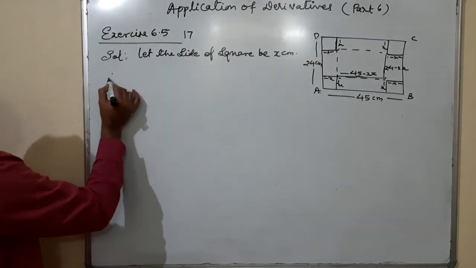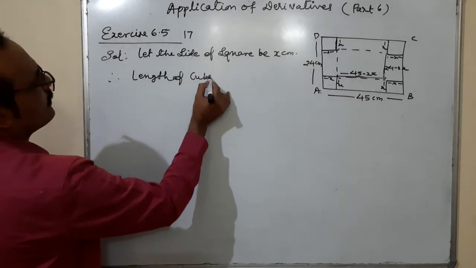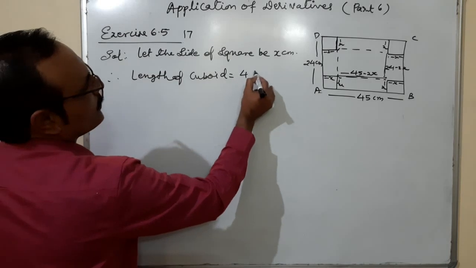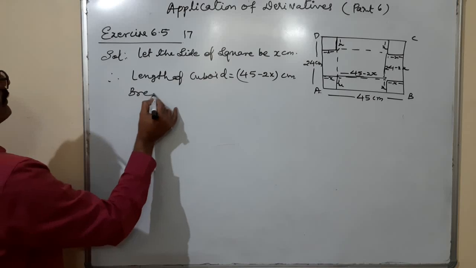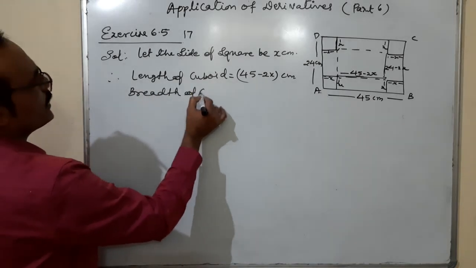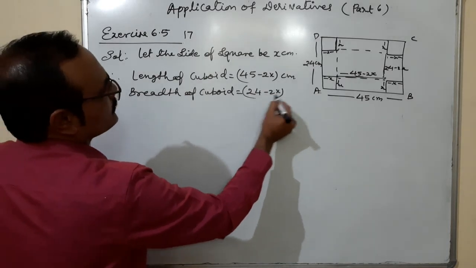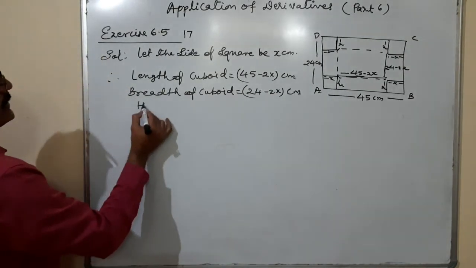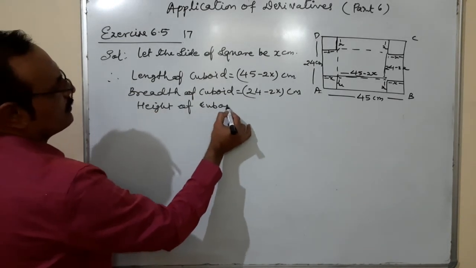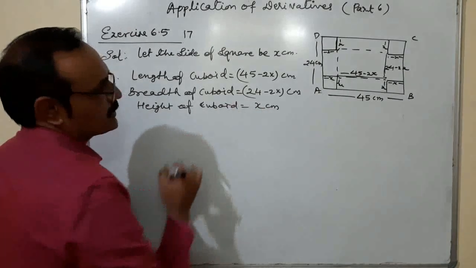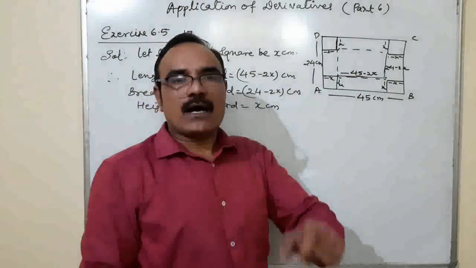Therefore, length of cuboid is 45 minus 2x centimeter, breadth of cuboid is 24 minus 2x centimeter, and height of cuboid is equal to x centimeter. Is that clear? Flaps fold upward, so height will be the side of the square.